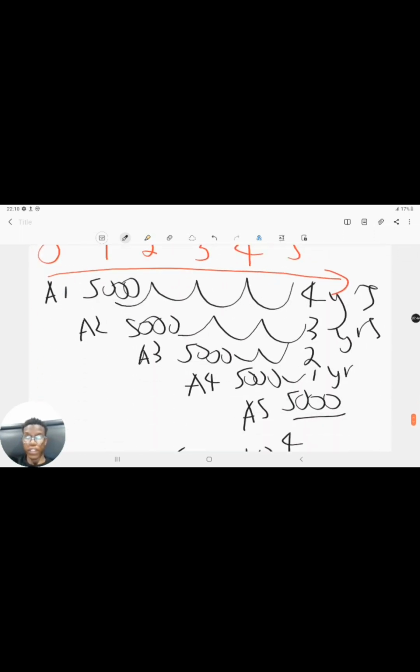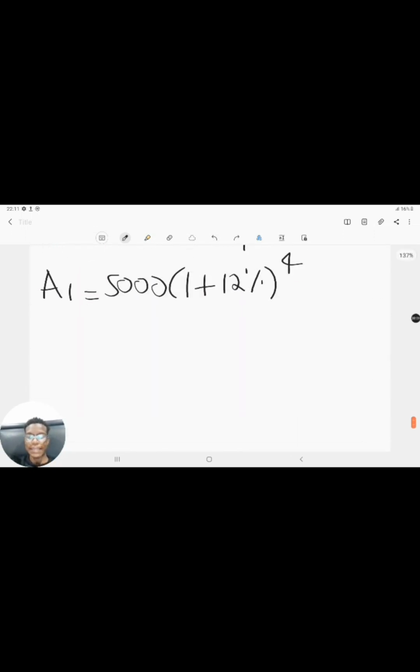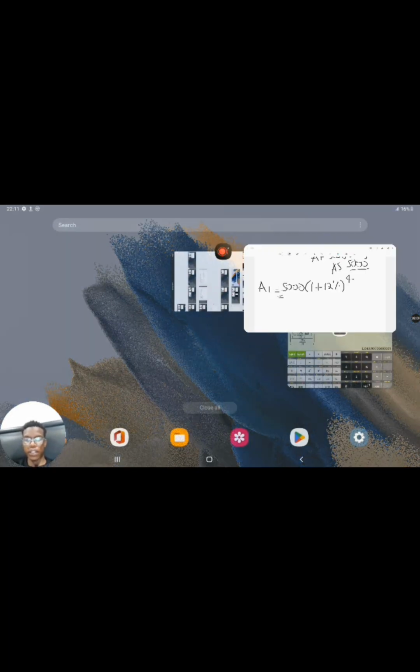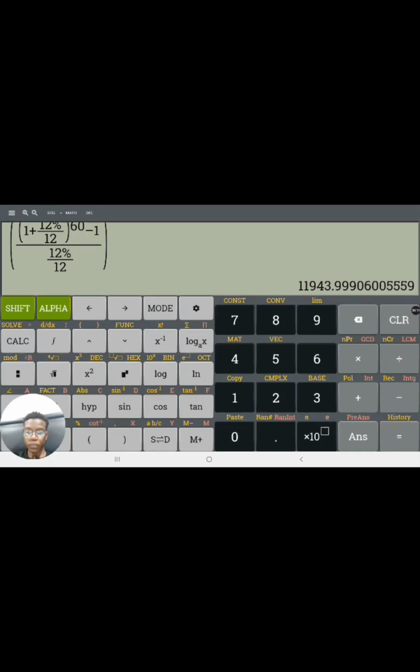Because this 5,000 rands that he took out at the end of the first year would have accumulated interest for a period of 1, 2, 3, 4 years. It would have accumulated interest over a period of 4 years, so it's going to be 4. And then we're going to have a value there. That's 5,000 times 1 plus 12%.